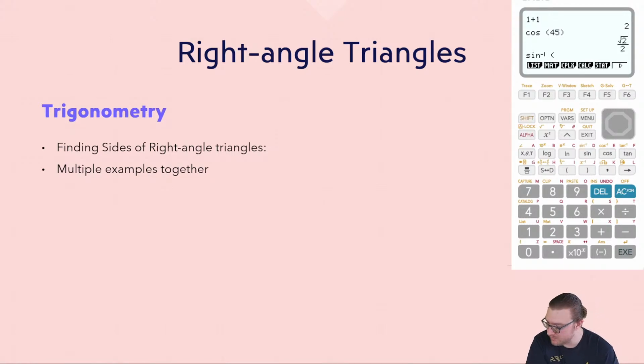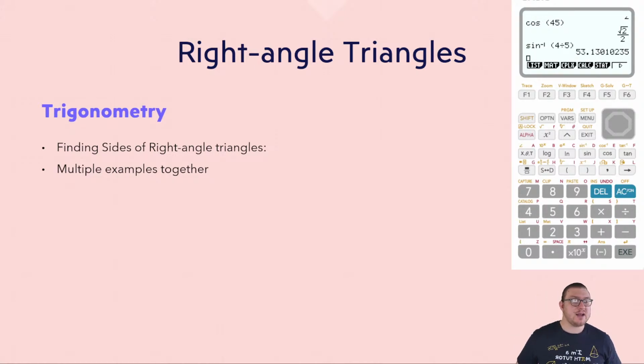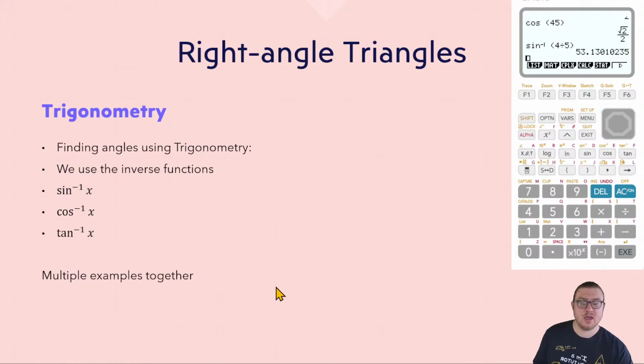And our numbers were 4 divided by 5 in the last example. So the angle from our last example was 53.1 degrees. This is just a reminder that you use the inverse if you're trying to find the angle.